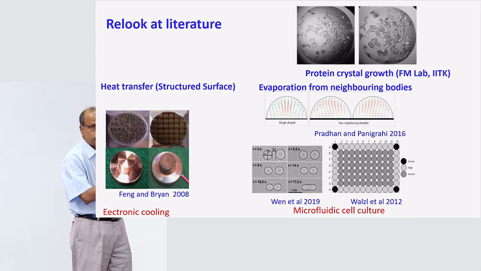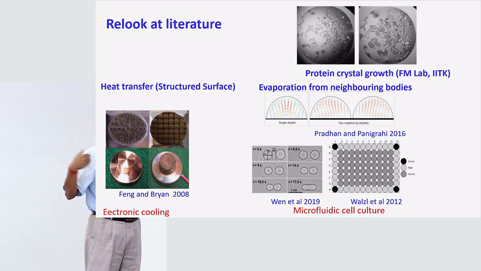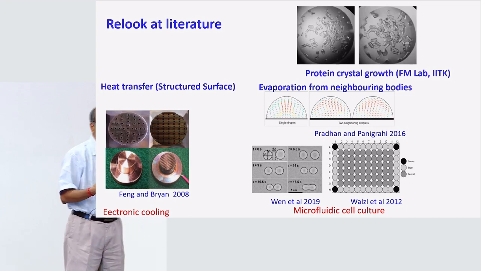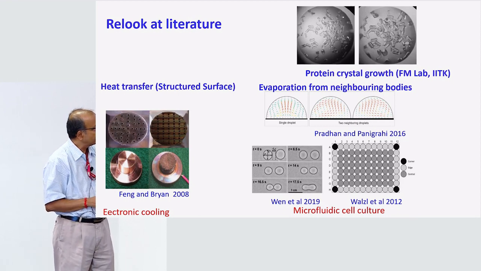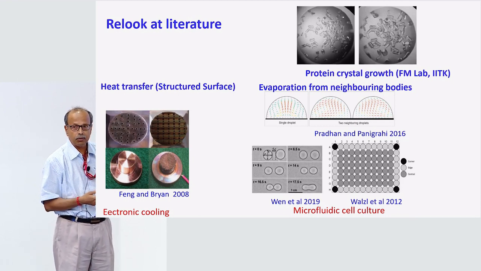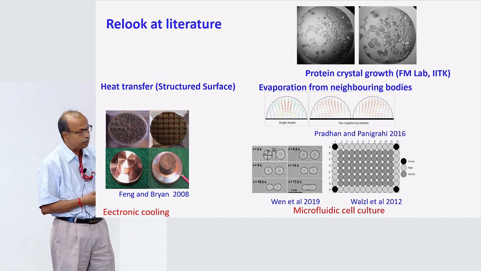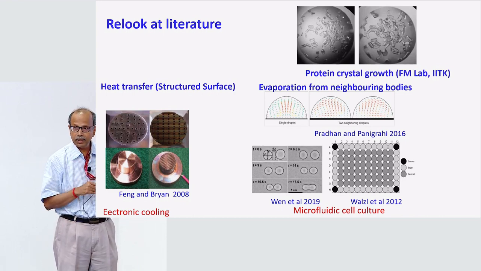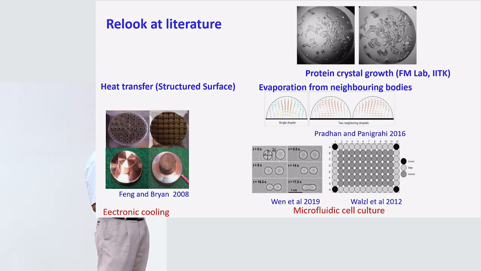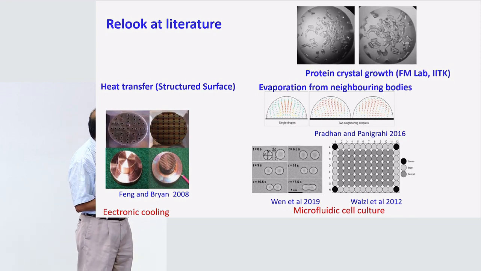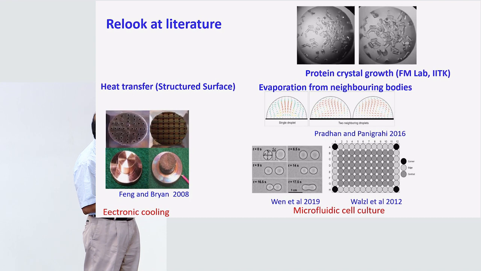Then we tried to change the distance between them, and you see the flow pattern inside the droplet was changing. At that time we tried to understand what was happening. We thought that a lot of things were happening, but we suspected that the vapor concentration here is affecting it.